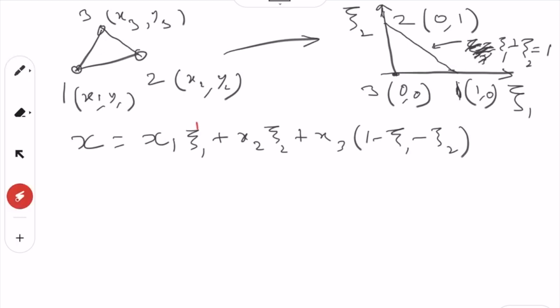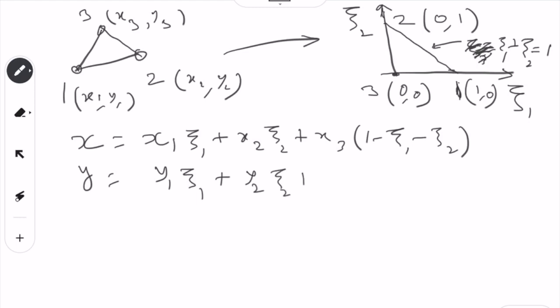Similarly, y equal to y1 xi1 plus y2 xi2 plus y3 multiplied by (1 minus xi1 minus xi2).